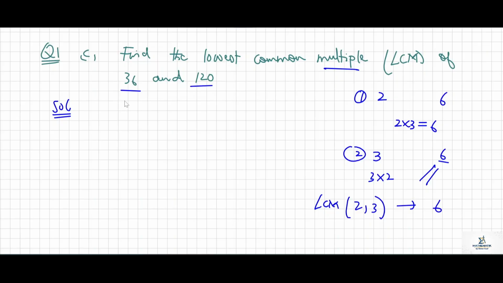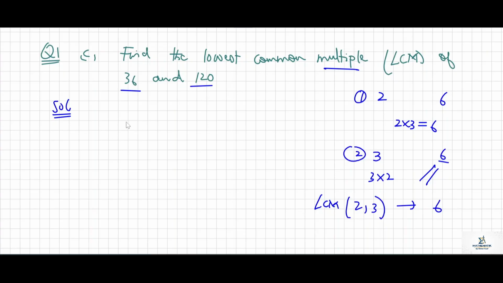So when we multiply 36 or 120 and get a number, that number will be a multiple of both numbers. So it will become the least, lowest multiple. Let's solve it.